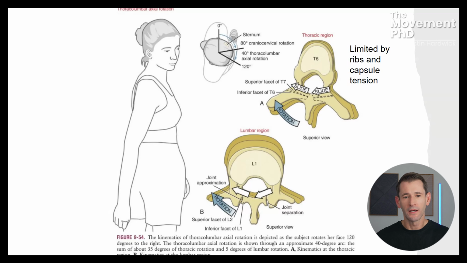So once that left-sided facet's compressed, you can't rotate any further. Also, the capsule on the right is going to be under some distraction. So both of these things are going to limit rotation. Also, the abdominal muscles, those obliques that are involved in rotation, they're going to limit that rotation as well.